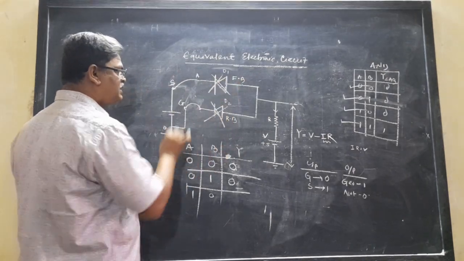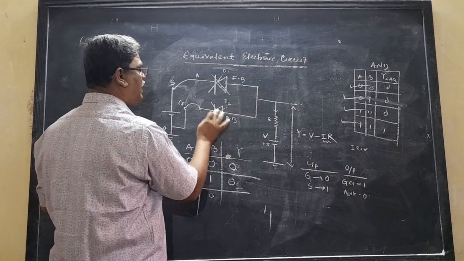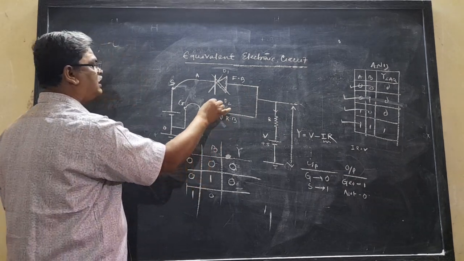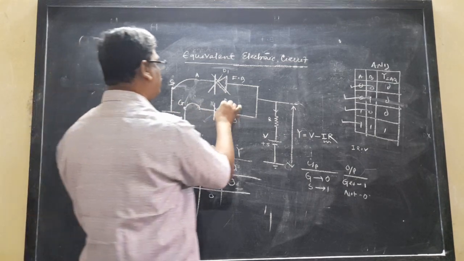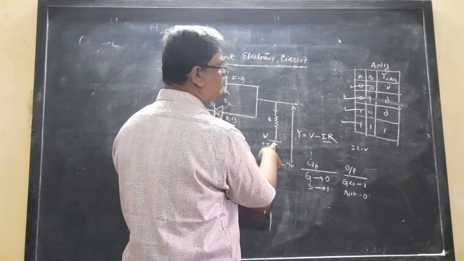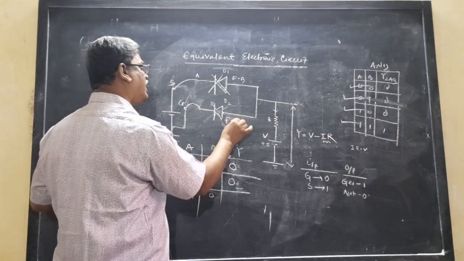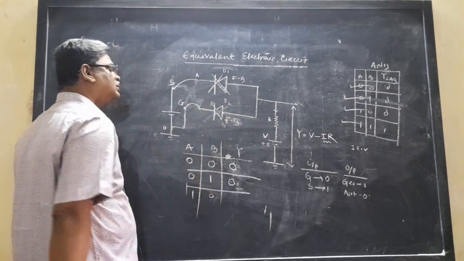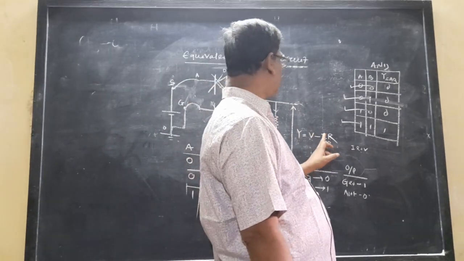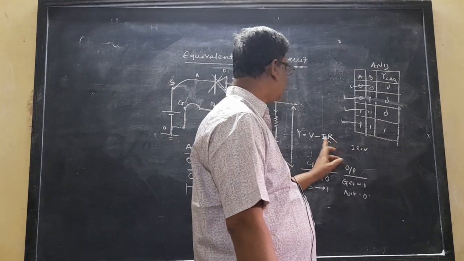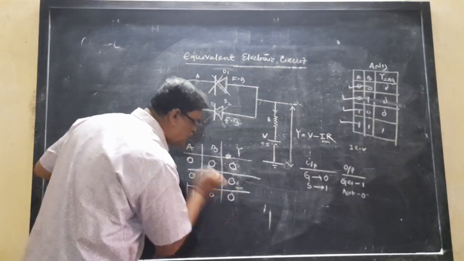As this is the reverse bias, the current will not flow through the diode D1, but the negative, the N-type crystal, is connected to the ground and the P-type crystal is connected to the positive, so it is forward bias. The current will flow through the circuit, and then we get V minus current IR, and IR subtracted from V, so V minus V, we get 0.